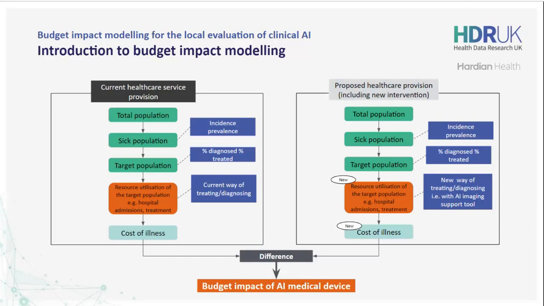Once you've done that for your comparator, which is typically standard of care, you would then repeat that exercise again, only this time you assume that the new technology or the intervention in question is available. Once you've derived the cost of illness associated with that care pathway, you can then take the difference to derive the budget impact model of the AI.